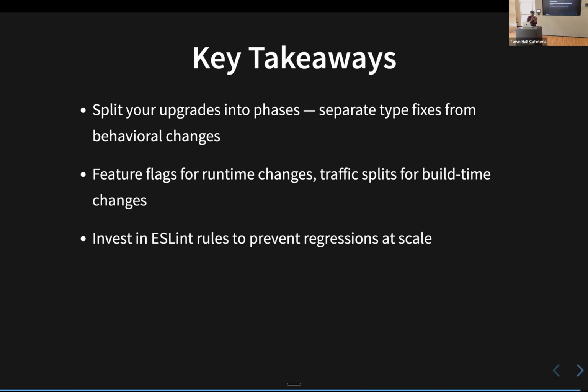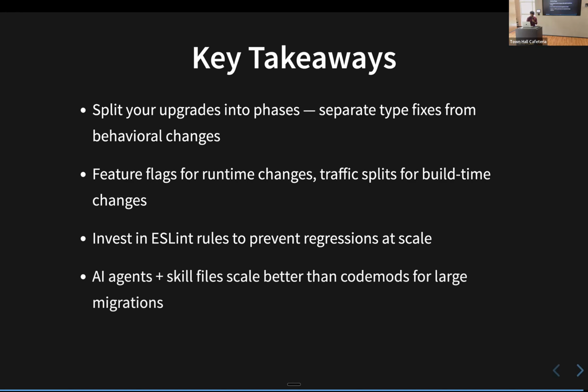What I've observed is when you use AI agents to refactor a lot of code, they tend to miss a few aspects, like missing out on migrating a particular module in one random file. That's why you need proper ESLint rules to catch all these things. And yeah, leverage AI agents and skills files as much as you can.